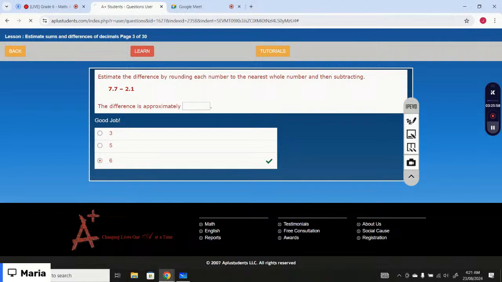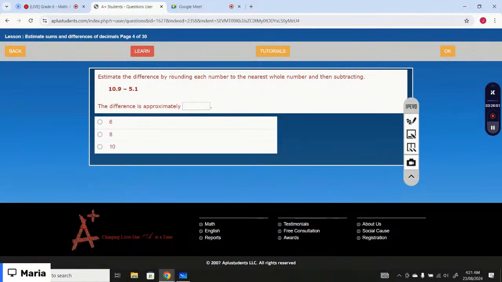Okay, the next one is estimate the difference by rounding each number to the nearest whole number and then subtracting 10.9 take away 5.1. So which is the correct option? Which option is the correct one?